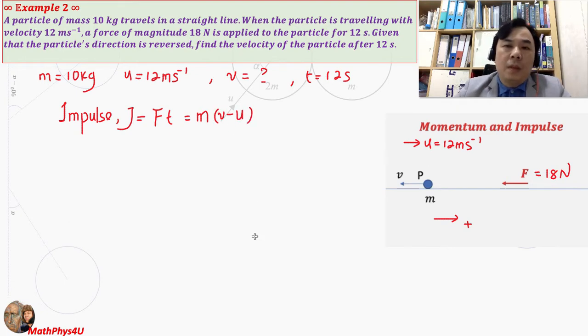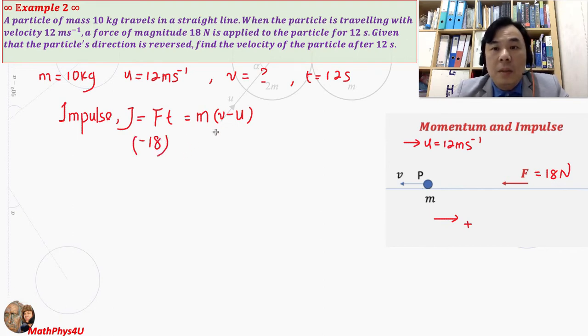Now because the force is acting in the opposite direction of what we have assigned, we're going to write down our force as negative 18. Time is a scalar, so no direction is served. I just have to write down 12.